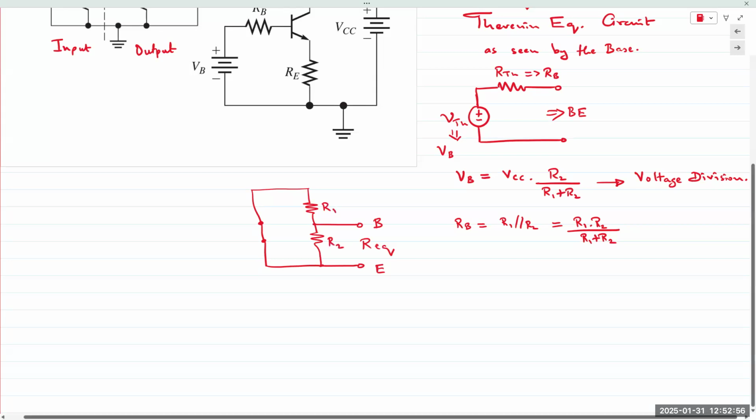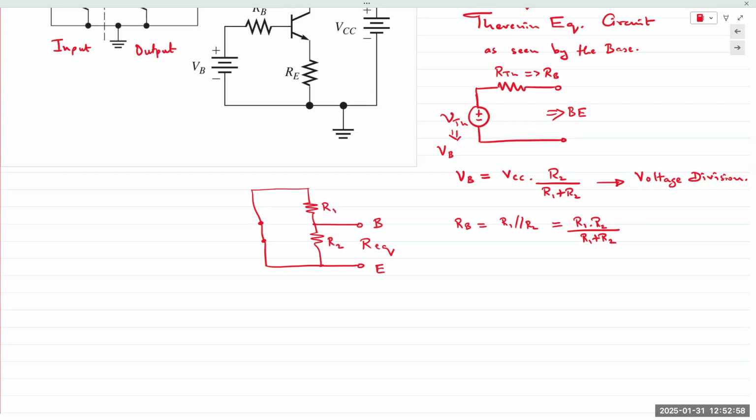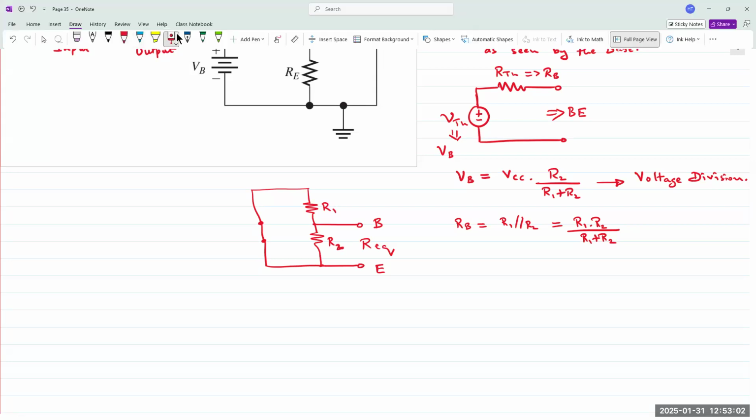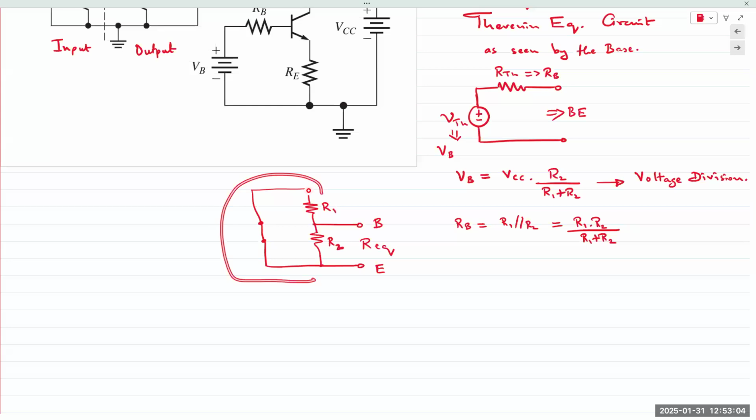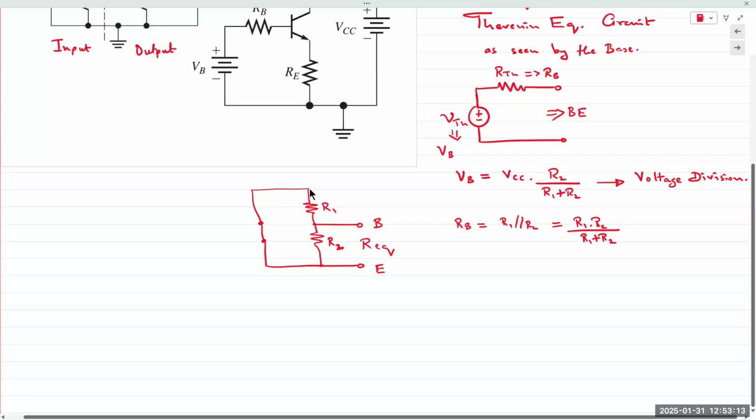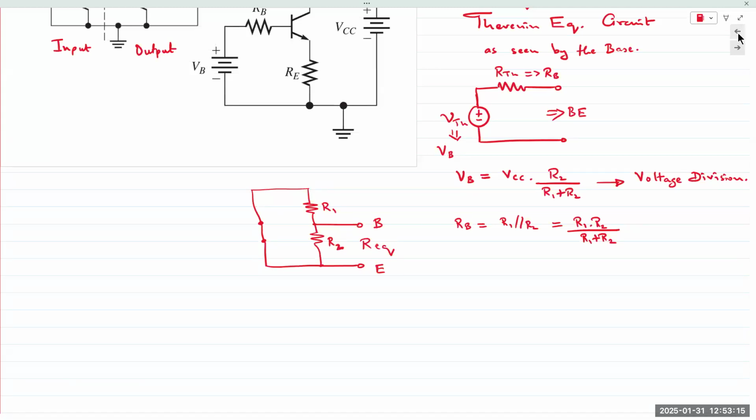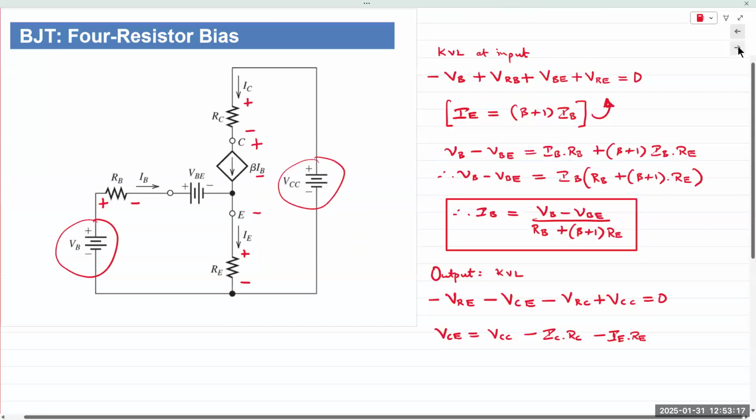And because the voltage source is replaced with a short circuit, that brings R1 in parallel with R2. And that's how you find RB. But what that does is it gives us this kind of circuit.